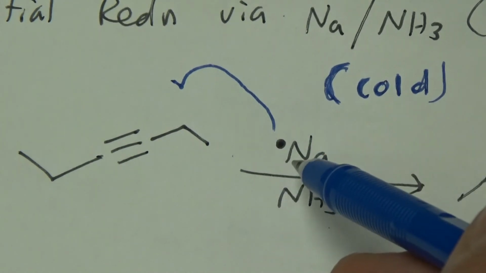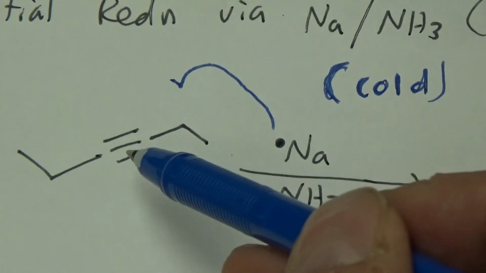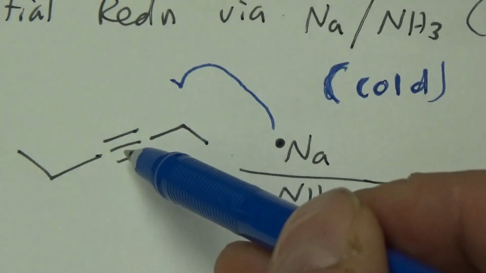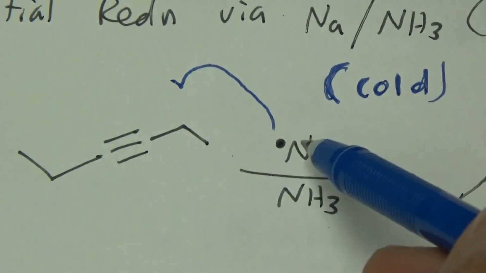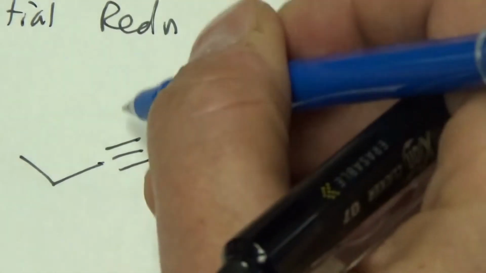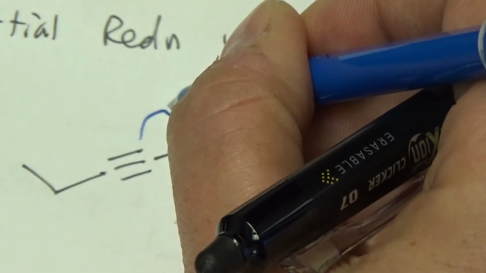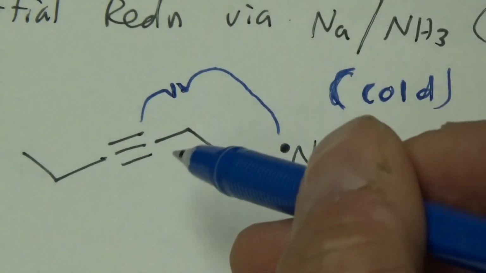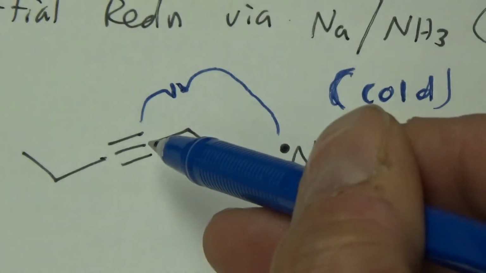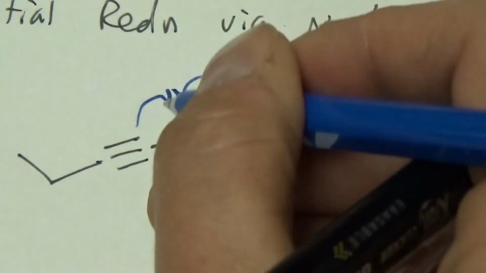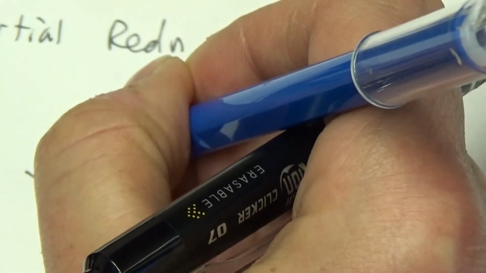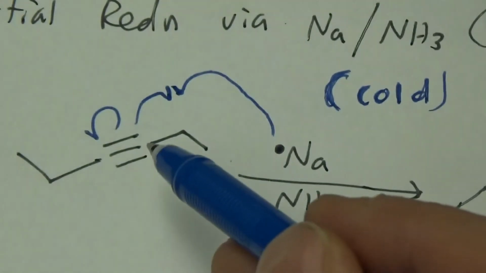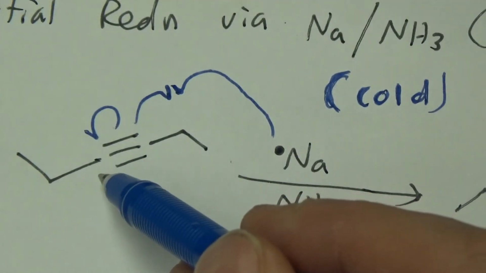And radicals react with double bonds and triple bonds. So it sees a triple bond. Fishhook reacts. I'm going to have a second fishhook that goes there from the triple bond, so we're basically forming a bond from sodium to carbon. And then a third fishhook where the bond breaks to make a carbon radical on this carbon.